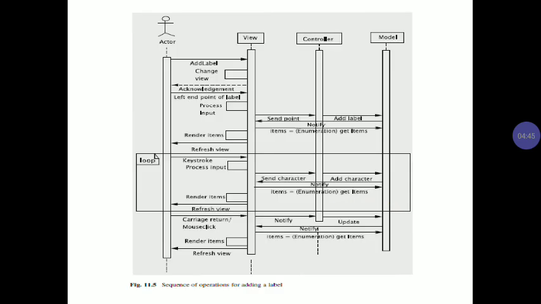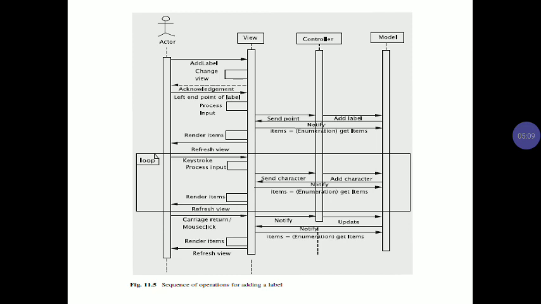Now let us see the sequence of operations for adding a label. Once you have drawn a figure, if you want to add a label to that figure, here is the sequence of operations with respect to MVC. First, the actor gives an add label command to the view component.